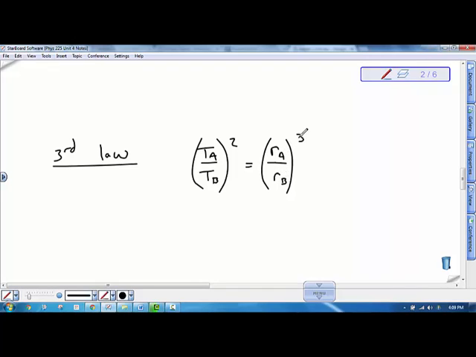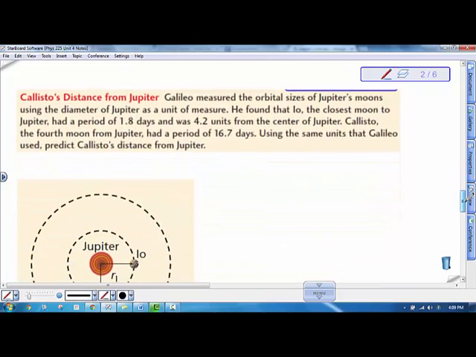So it's a weird mathematical relationship. I don't know how we figured this out, but it's amazing, and we can use it to find missing information like we can in this problem here.